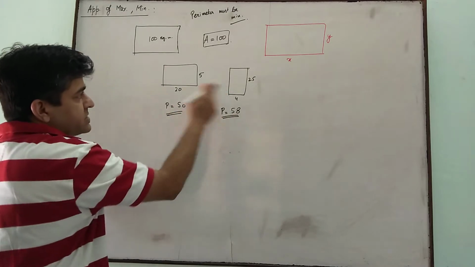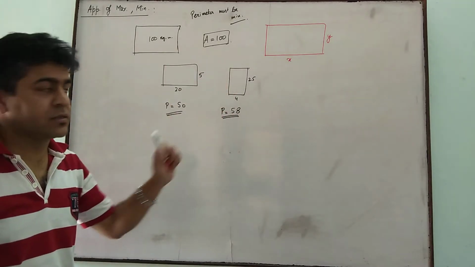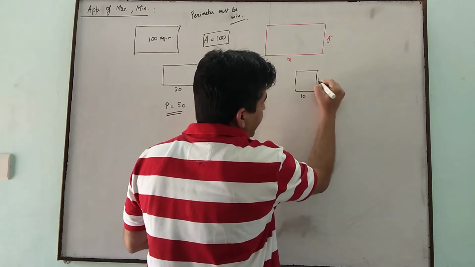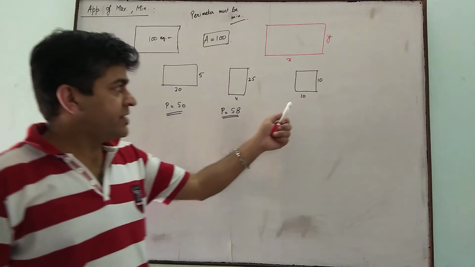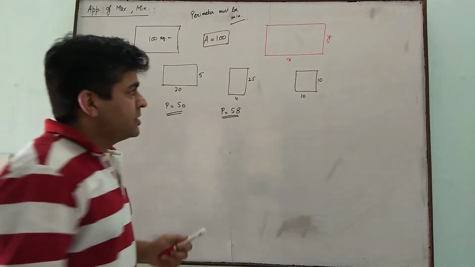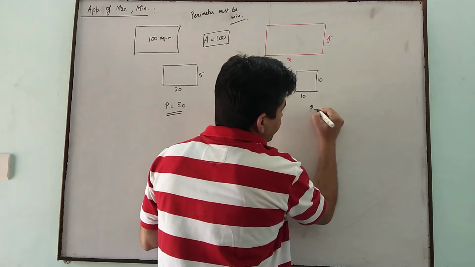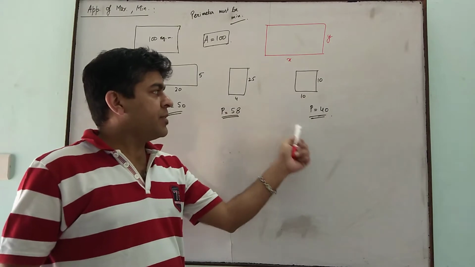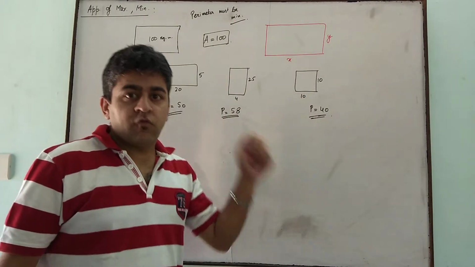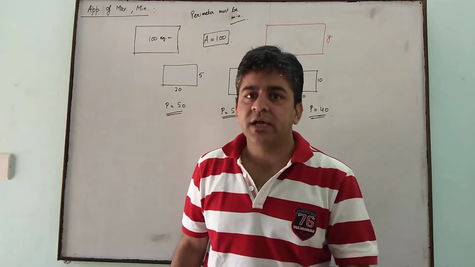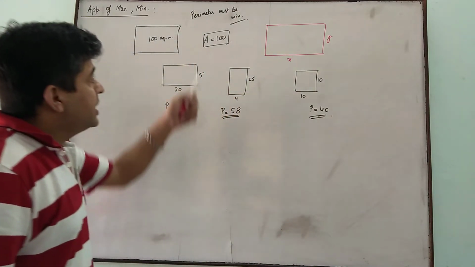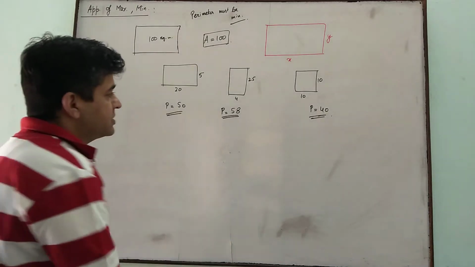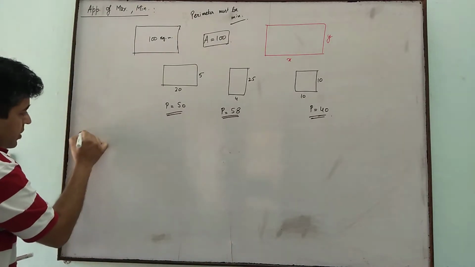See, the perimeter increased, area is same, as per length and breadth. If we are taking length and breadth 10 and 10, then area is 100 but perimeter is 40. See, out of these three examples, we got the minimum perimeter here, 40. So what dimensions do we have to take to get the minimum perimeter where the area requirement is 100? This is the question, and this is the basic application, you can say.